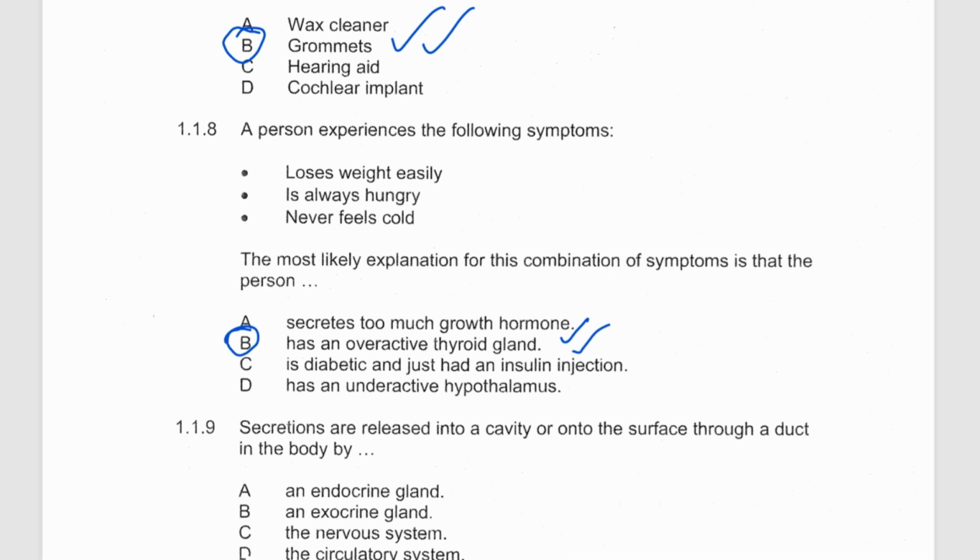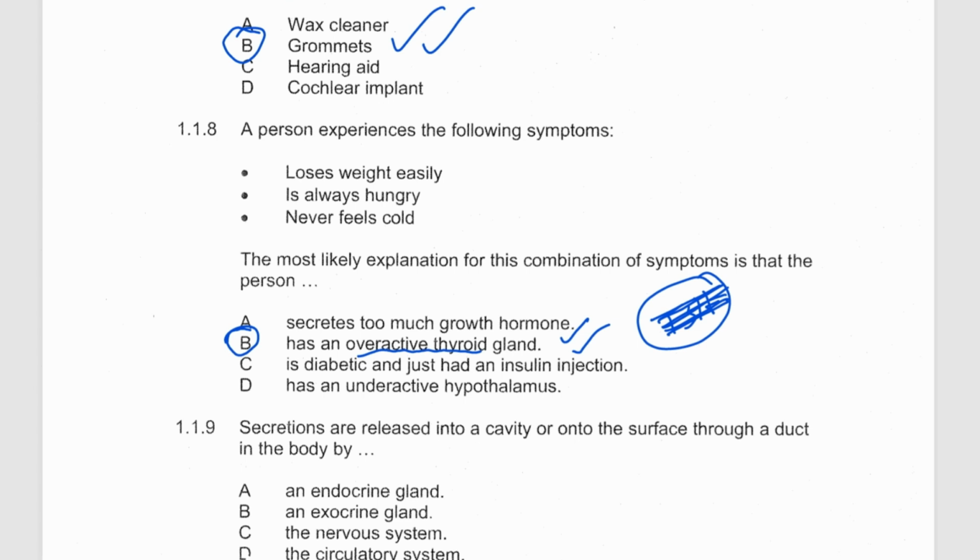Why? Because if you have an overactive thyroid gland, you're going to produce TSH, and TSH is responsible for metabolic reaction. Did I say TSH? You're going to produce thyroxine, and thyroxine is responsible for metabolic reaction.